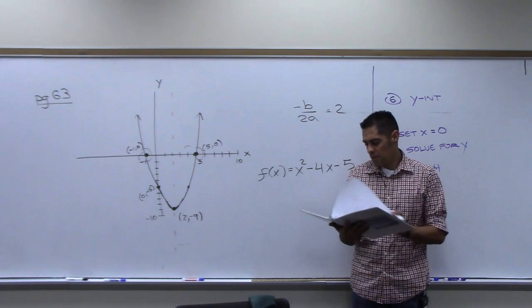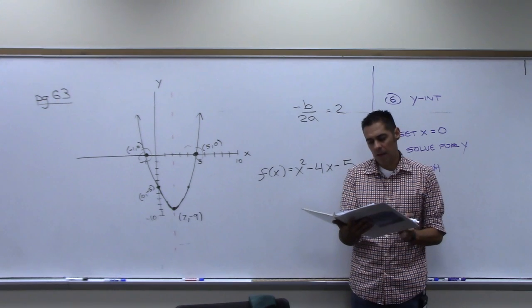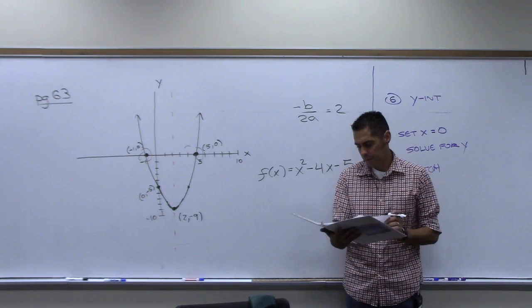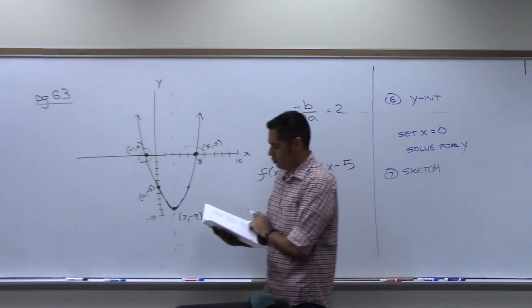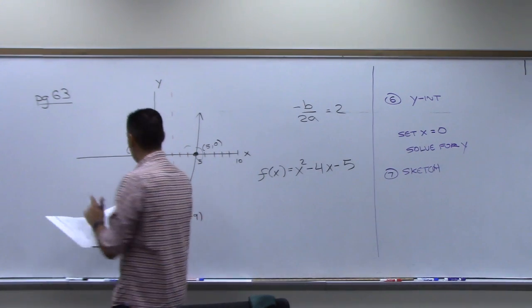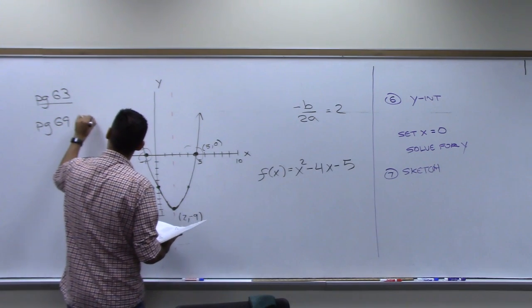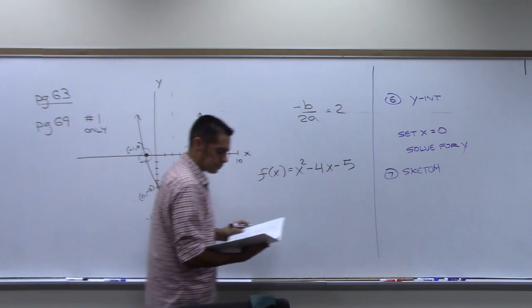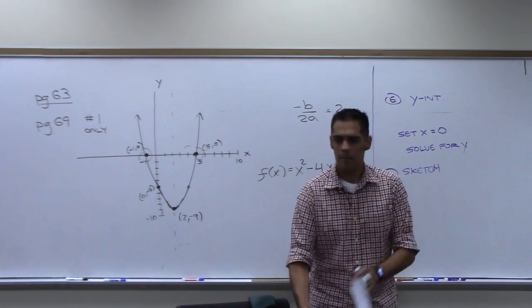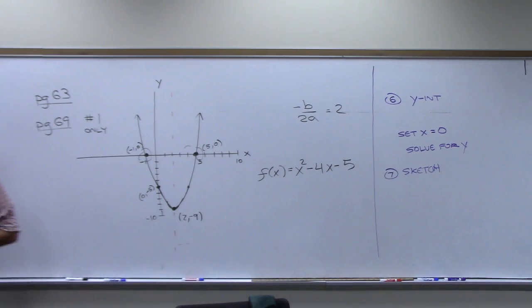And then if you want to start graphing, I would maybe challenge you to do, trying to look for one that factors. Page 69, just number 1 only. All right, so that's the homework. Everything on page 63, page 69, number 1 only.